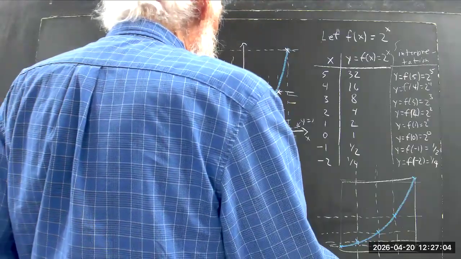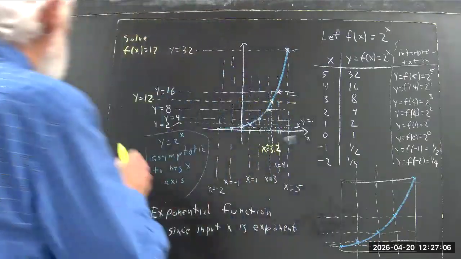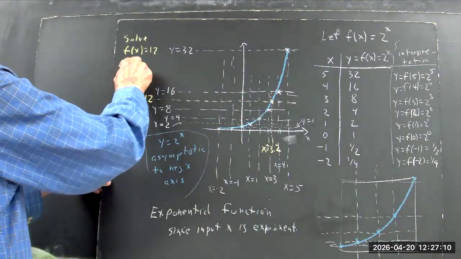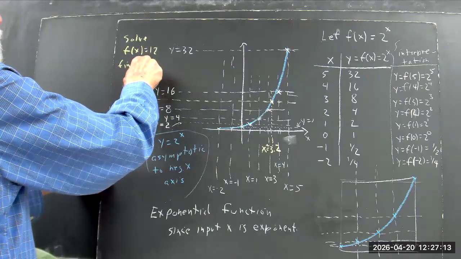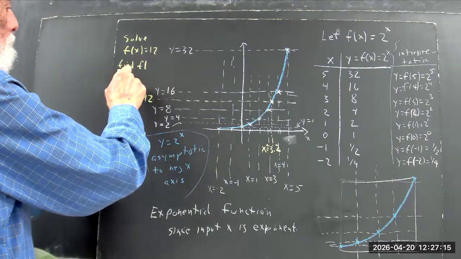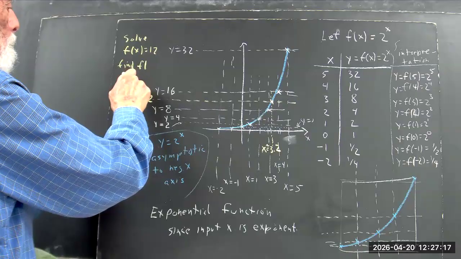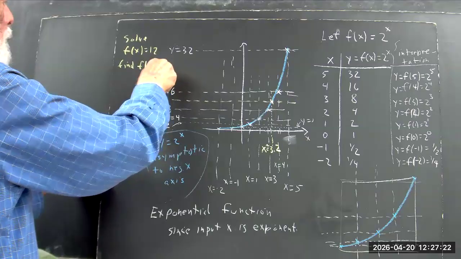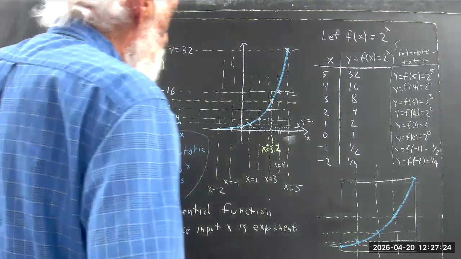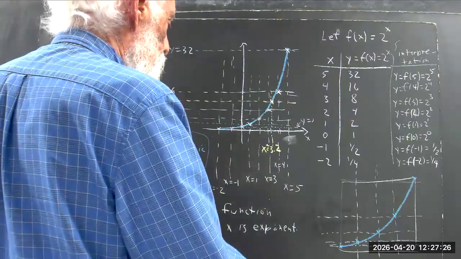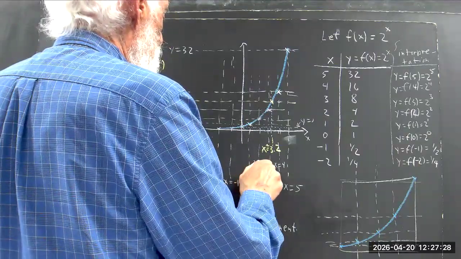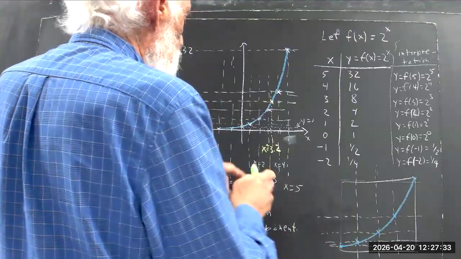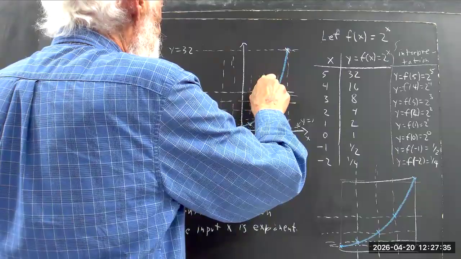And if I want to estimate f of 2.5, well, where's 2.5? Here's x equals 2. So x equals 2.5 would be halfway between 2 and 3.